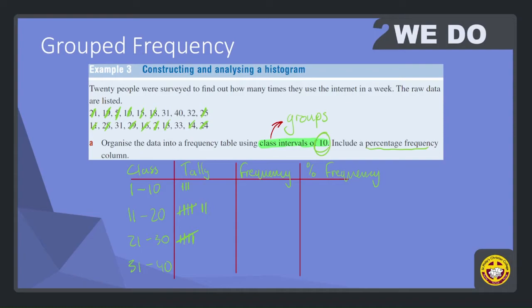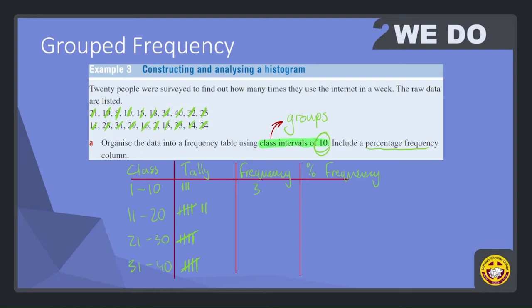And the last one, 31 to 40. Even though, in theory, all these remaining numbers should just go into this last class, I'm going to go through and cross them out one at a time, just in case I missed a number that should have been in one of the other classes.